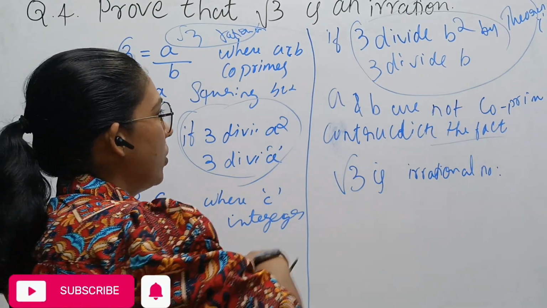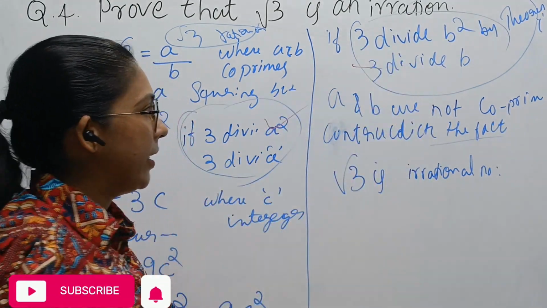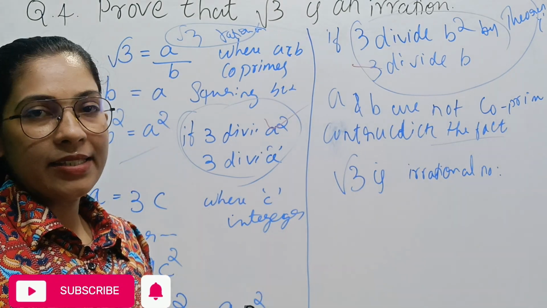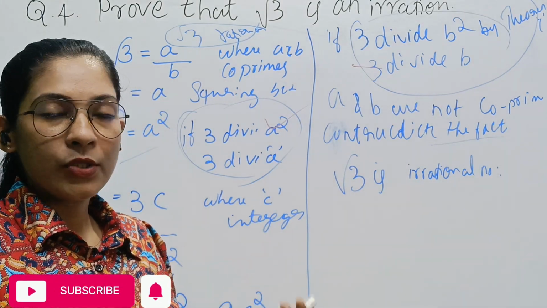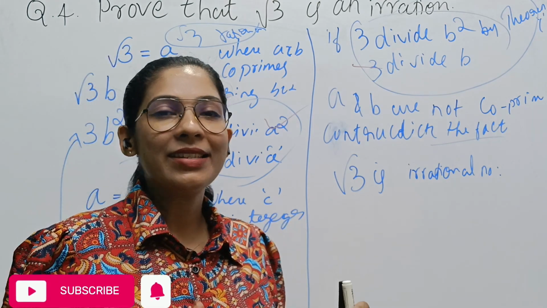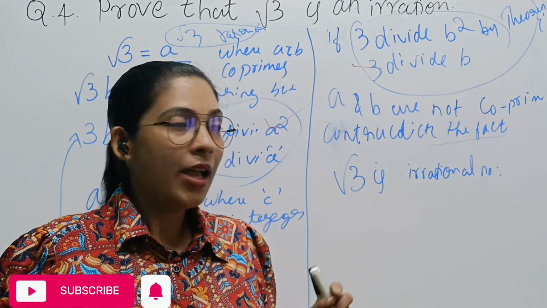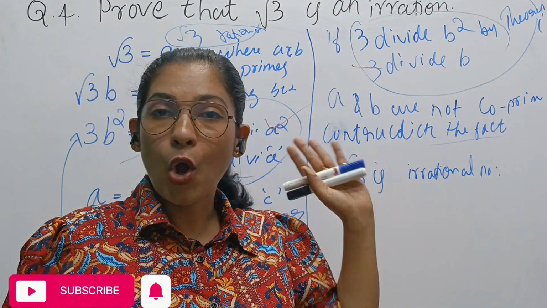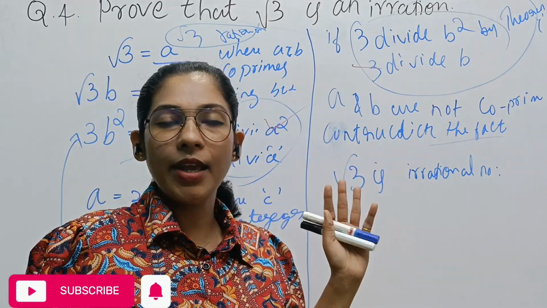From these two statements, it is clear that a and b are not co-primes, and hence our assumption was wrong. That is, root 3 is not a rational, it is clearly an irrational number.